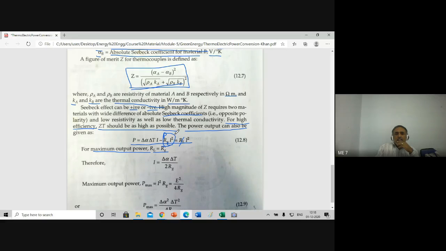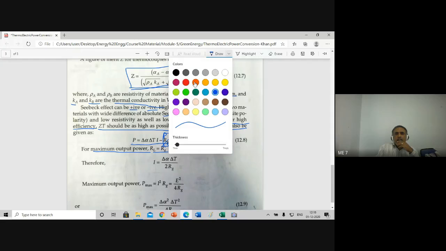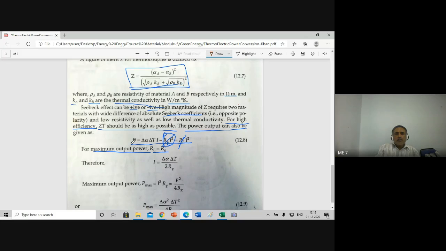Then this term and this term get cancelled, so you are left with this much. P is equal to delta alpha delta T into I, this much.